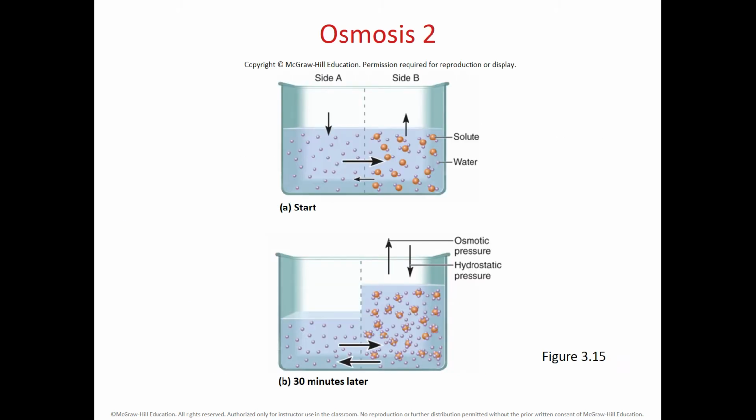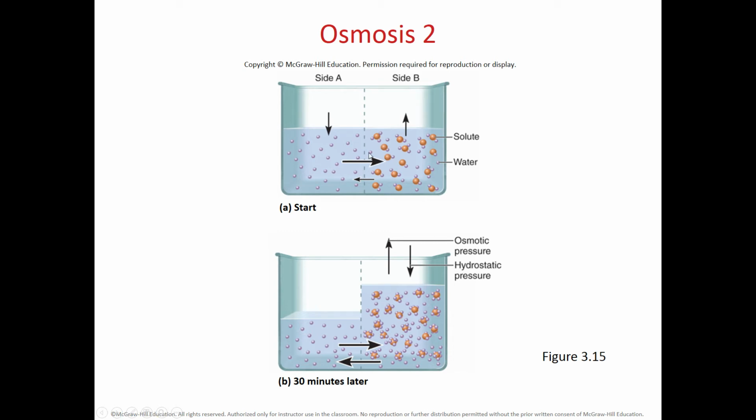So this is a figure to show you the concept of osmosis. You have in this container a site A and a site B separated by this semi-permeable membrane. In this semi-permeable membrane, only water can move across. And in the case of site B, you have two solutes.